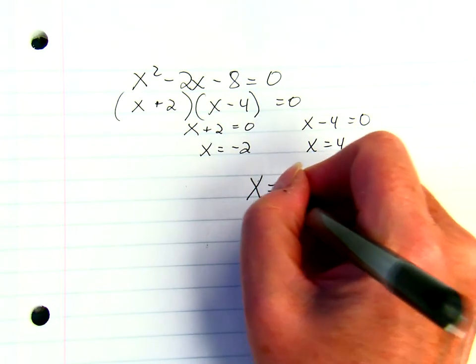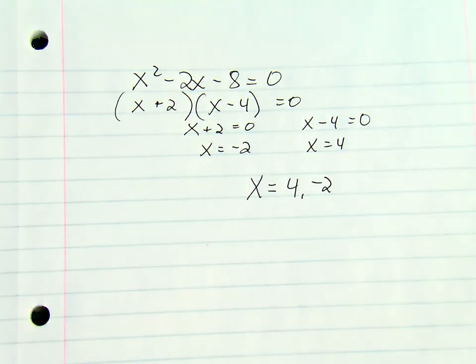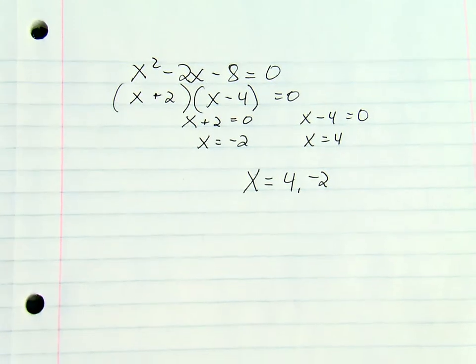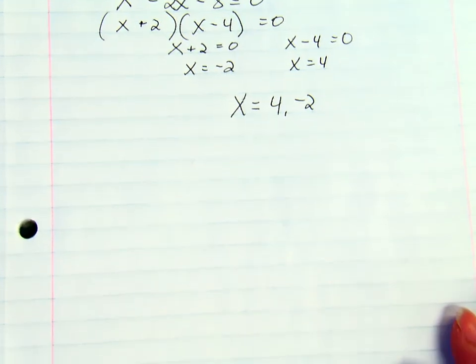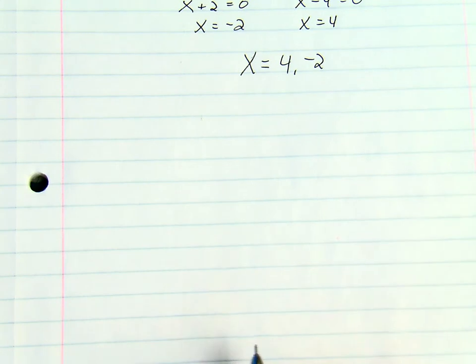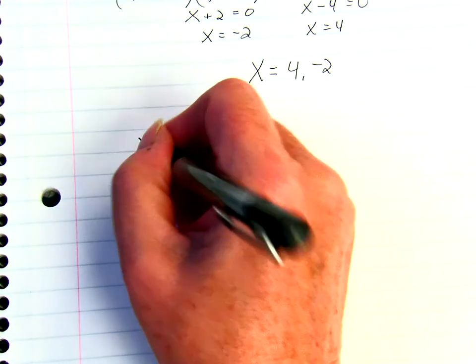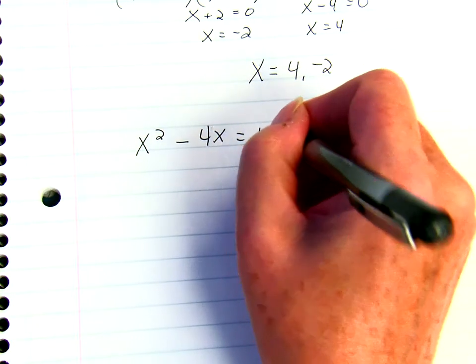So I would have still come out with my 4 and negative 2 answers by factoring. So part of what we're going to have to look at as we go through the quadratic formula is when exactly are we going to use it? Because sometimes you don't need to. Let's look at our next problem, which is x squared minus 4x equals 117.